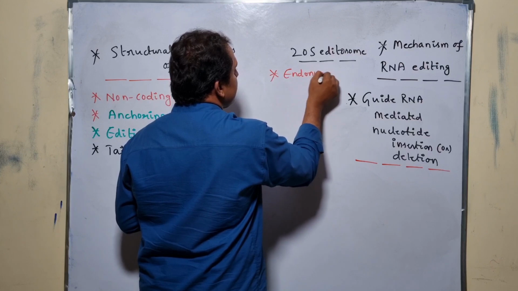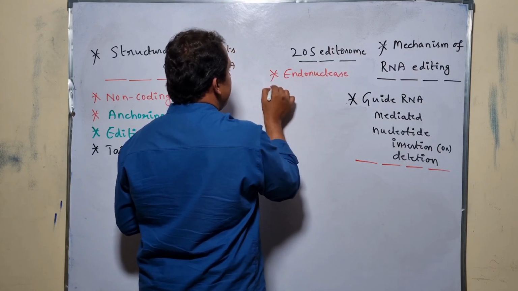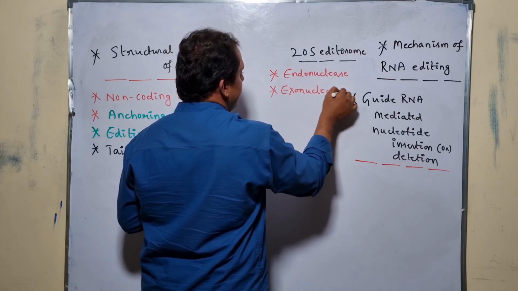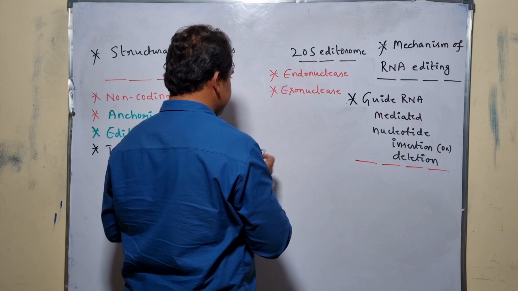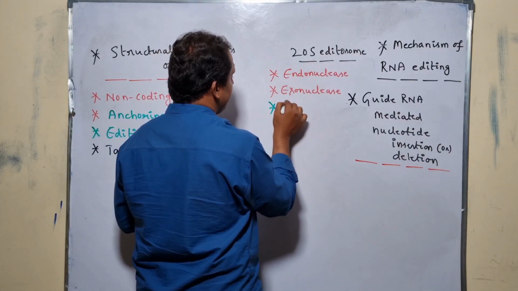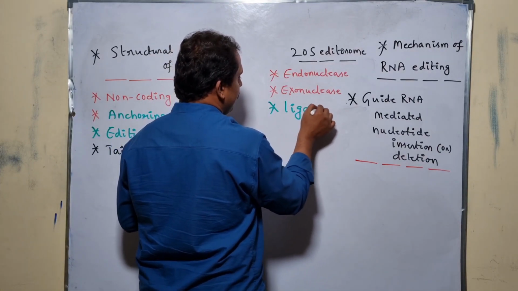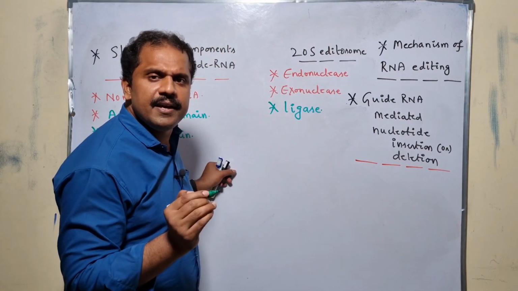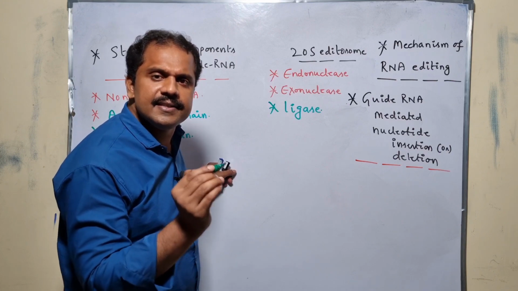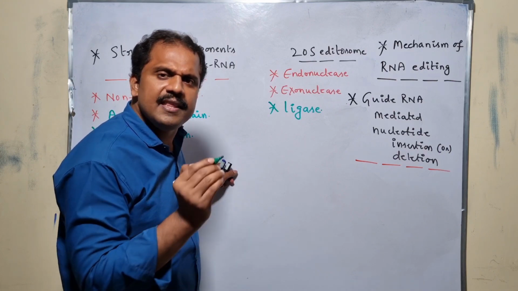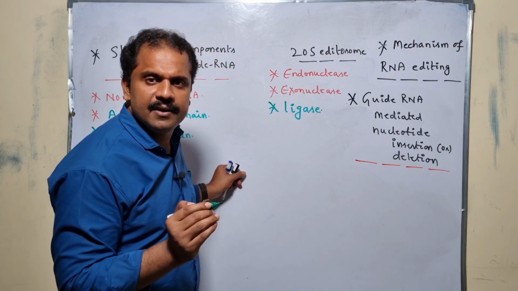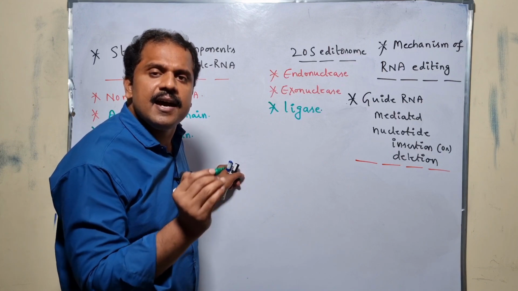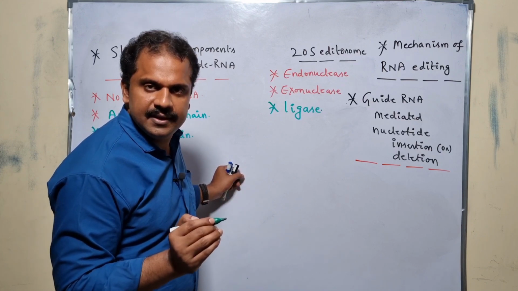Endonuclease, exonuclease, and the other one is ligase. By taking the advantage of all these enzymes, the guide RNA mediated nucleotide insertion or deletion is successfully organized. Is it clear? So here the guide RNA acts like a template. So depending on the information present in the guide RNA, insertion or deletion of nucleotides takes place.